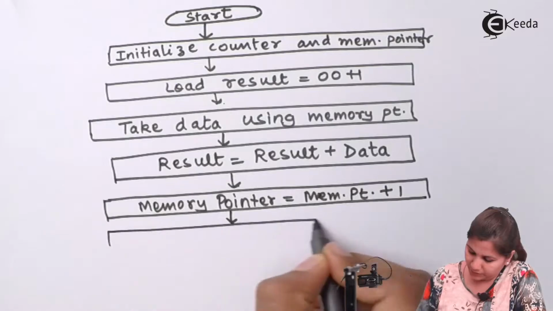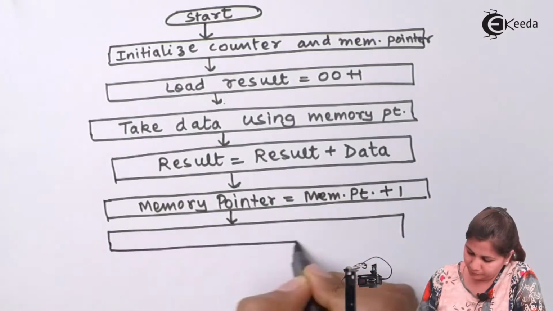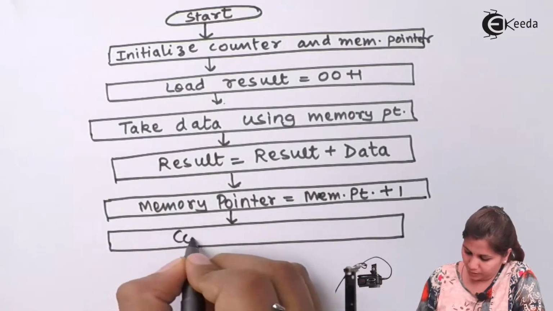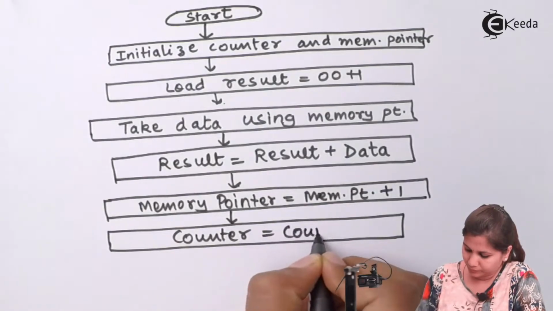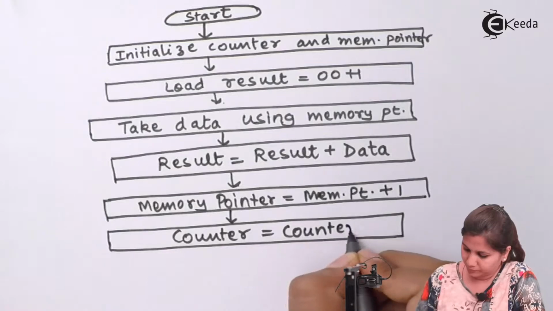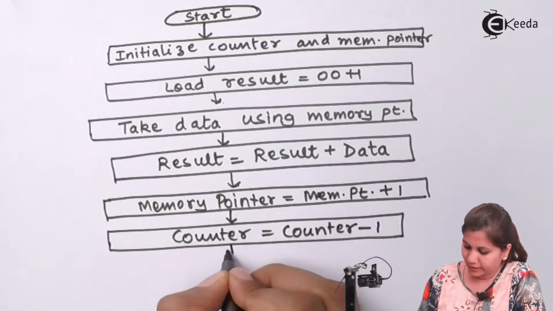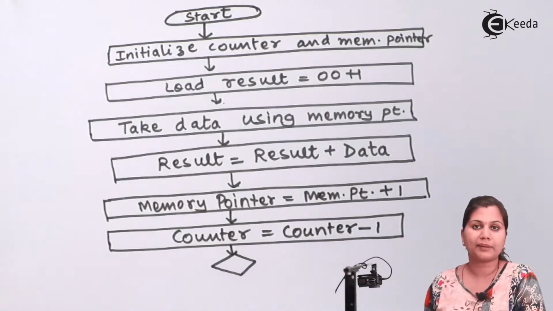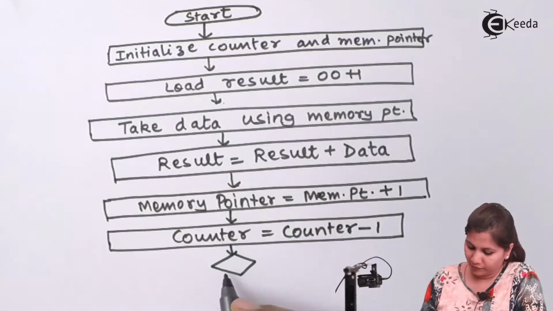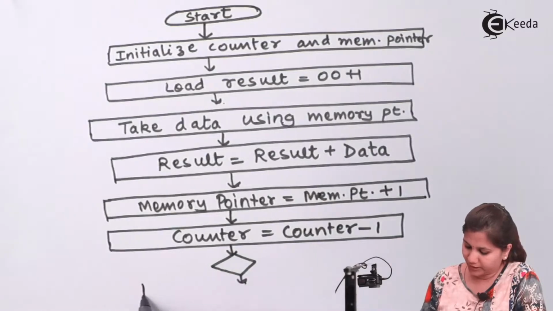So next step is counter is decremented. Then we will check whether our counter has become 0 or not. If it is 0, then we are going to store the result.